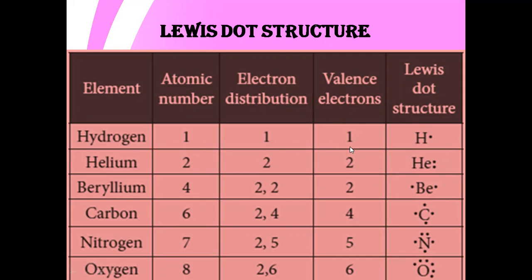The valence electrons is 1, so it has one dot. Paired electrons are given as a pair and single electrons are put singly. Okay. Helium, valence electrons 2, so this is the paired electrons. Okay. Beryllium 2.